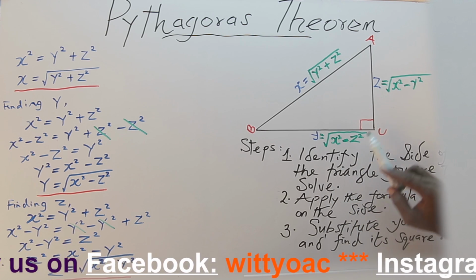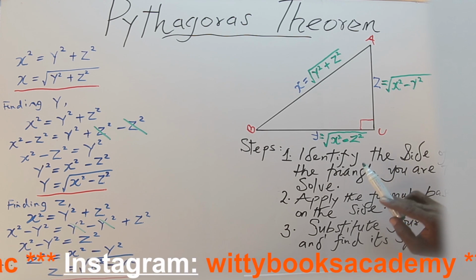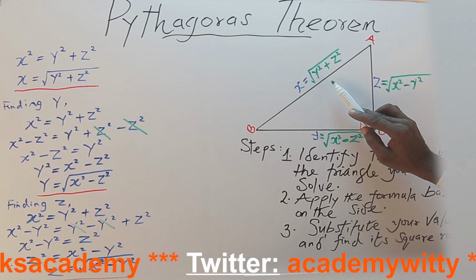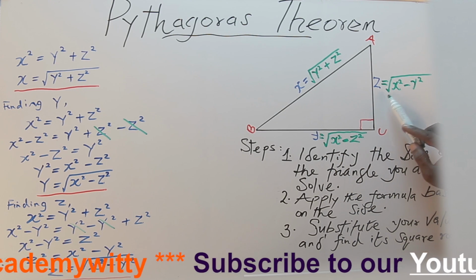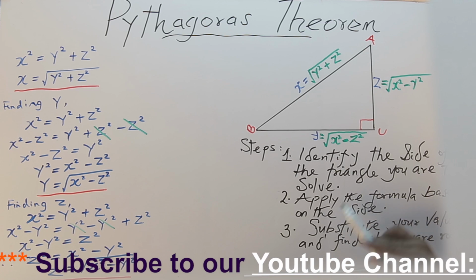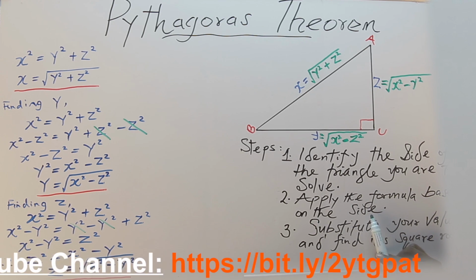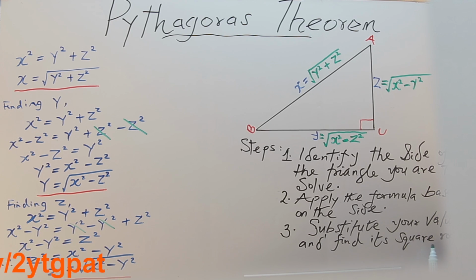So find out which side am I going to calculate. Is it going to apply the X formula or the Y formula or the Z formula? So when you find out, you apply the formula based on the side. Then finally you substitute your values and find the square root.